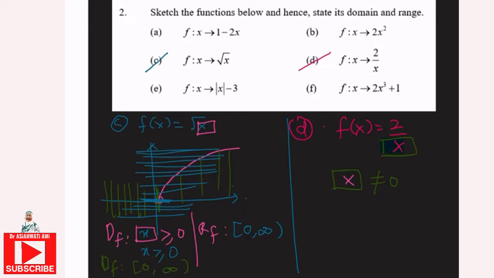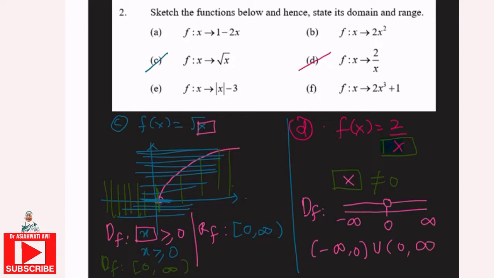So x refers to the domain. The domain of f is all numbers except 0, which on the number line is from negative infinity to infinity except 0, or from negative infinity to 0 union 0 to infinity.